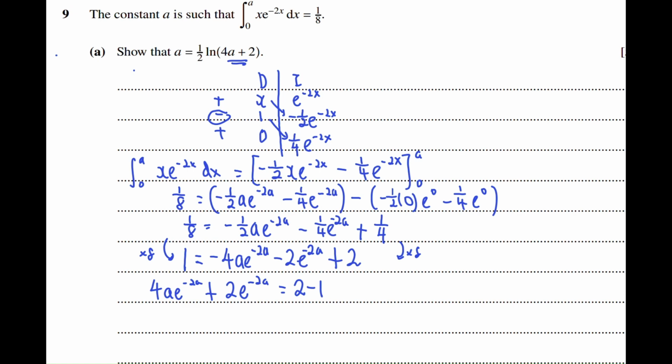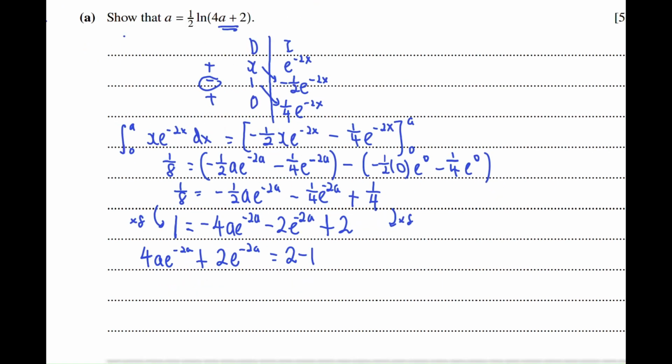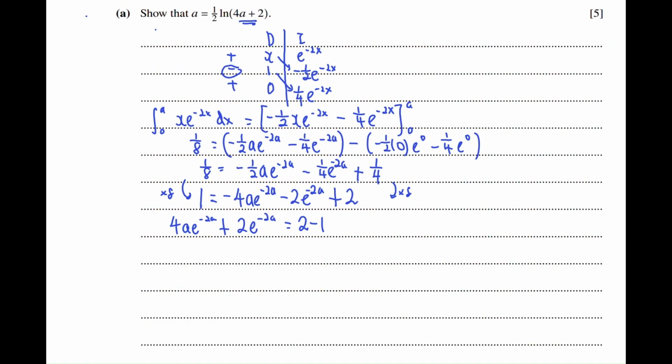There's a 4 and there's a 2, so I can see that I should do factorizing. I should factorize the exponent part. So I factor out e to the power of negative 2a, and I'm going to have 4a plus 2 in the bracket. 2 minus 1 is 1.